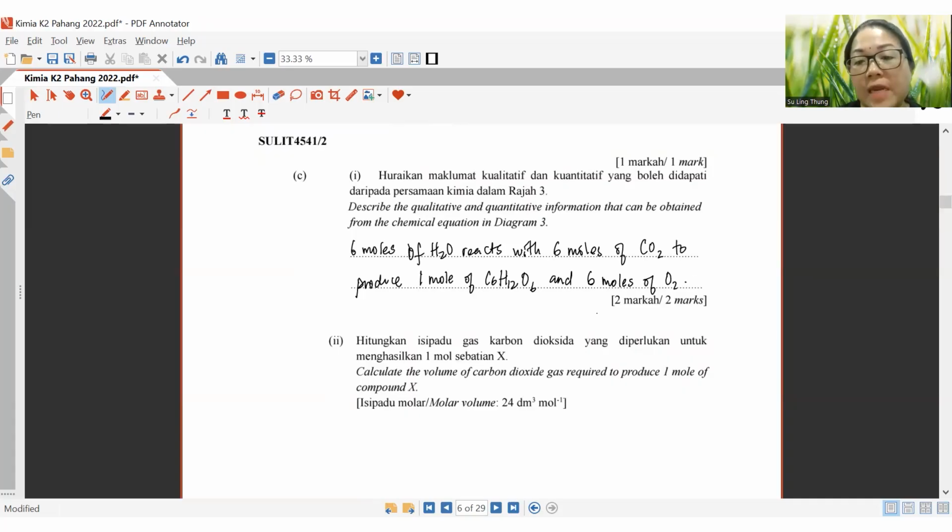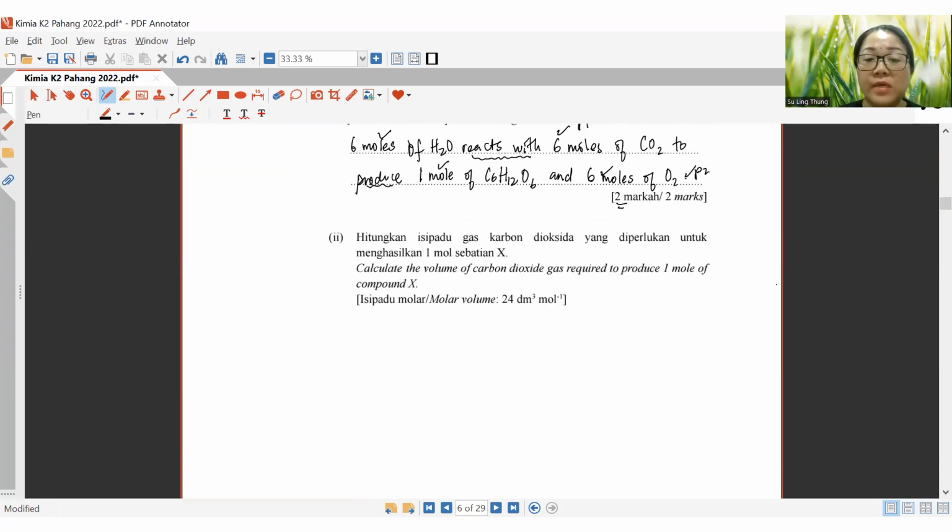So where do the 2 marks come from? Basically 6 moles, 6 moles, 6 moles, 1 mole, there will be 0.1. Then 0.2 if you are able to mention react and produce for every single item as stated, then only you deserve your 0.2. That's how you secure your marks.